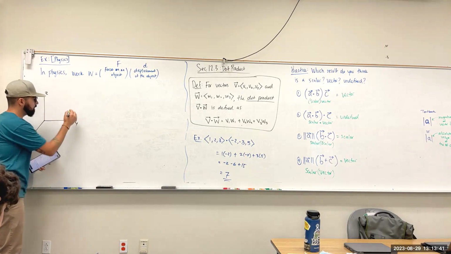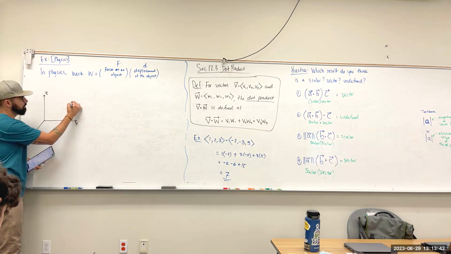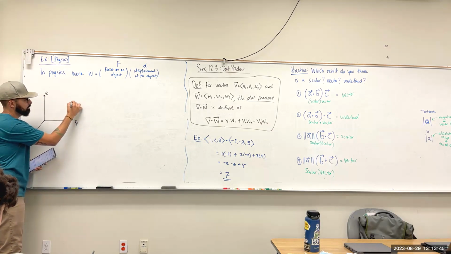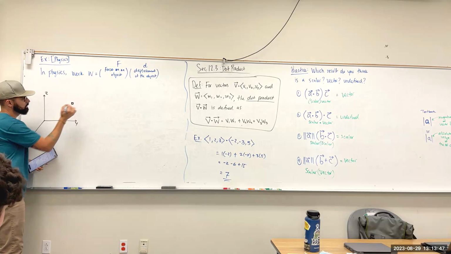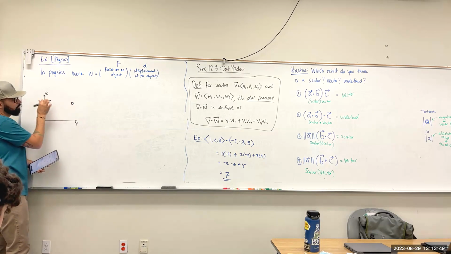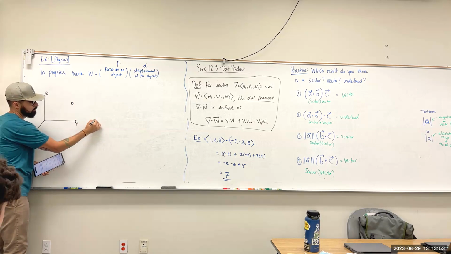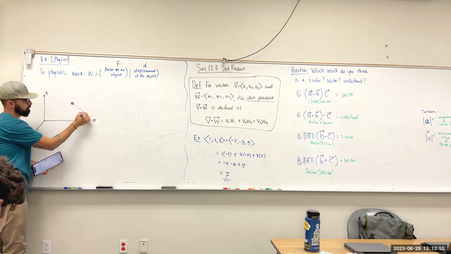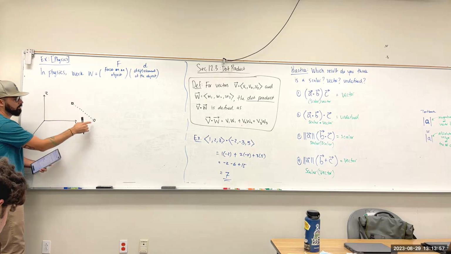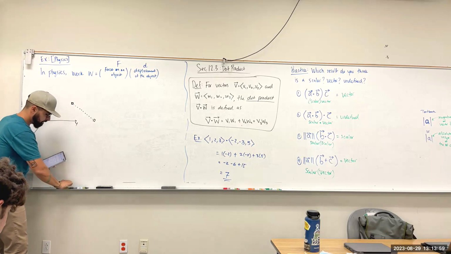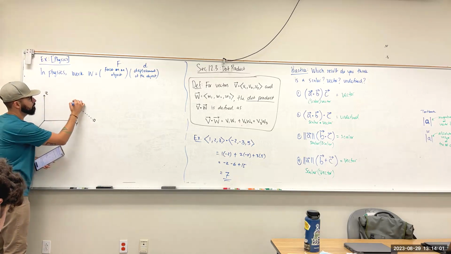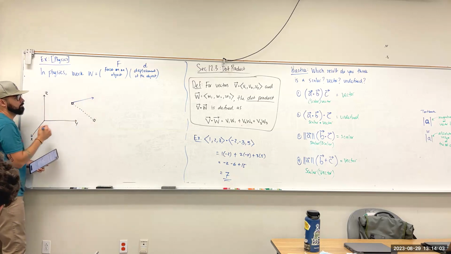Let's say the object is right here, some square object, and there's a force that acts on it, and it ends up moving over here. It starts here and it goes here. And let's say the force acting on it is going in this direction.